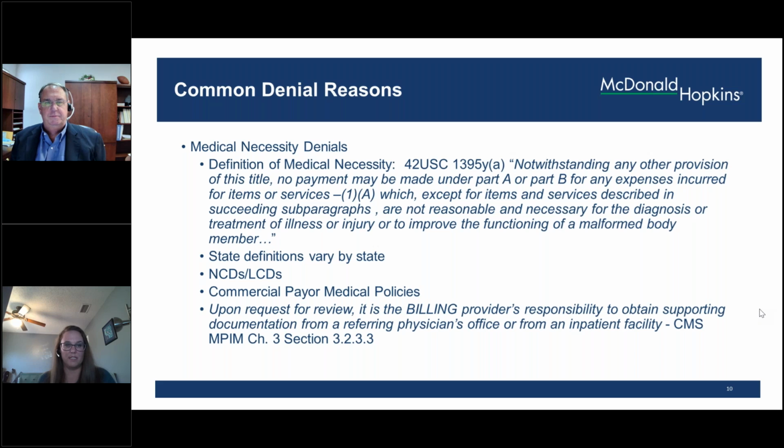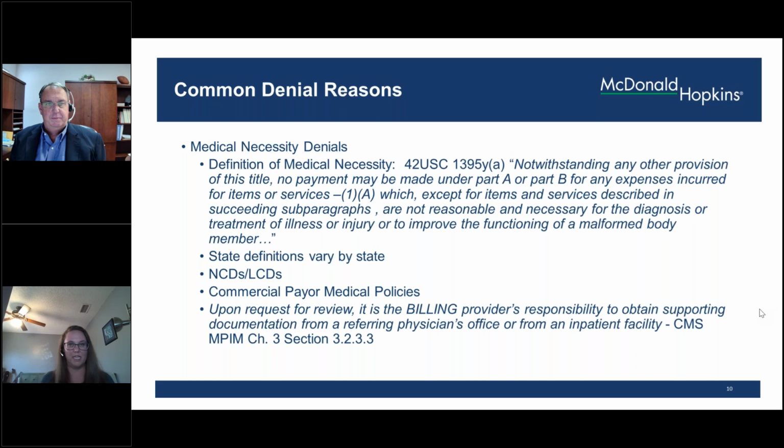And another key point to bring up is that for Medicare's purposes, and I find this to be true for the commercial payers as well, the billing provider is responsible for obtaining the supporting documentation from a referring physician or an inpatient facility. I understand this is a difficult thing, but the billing provider is the provider that's getting reimbursed.